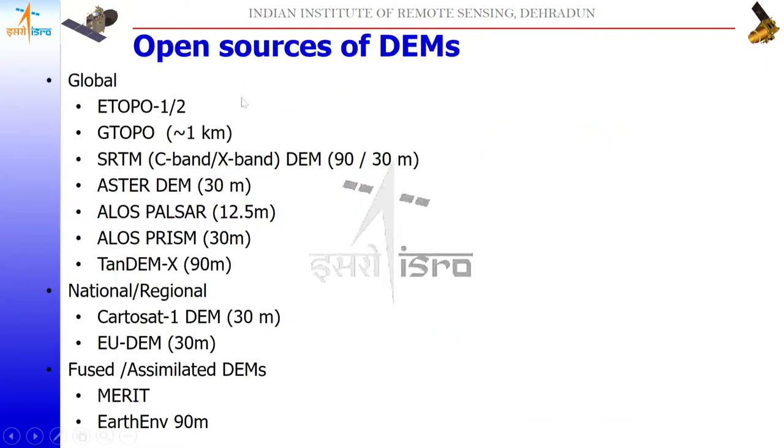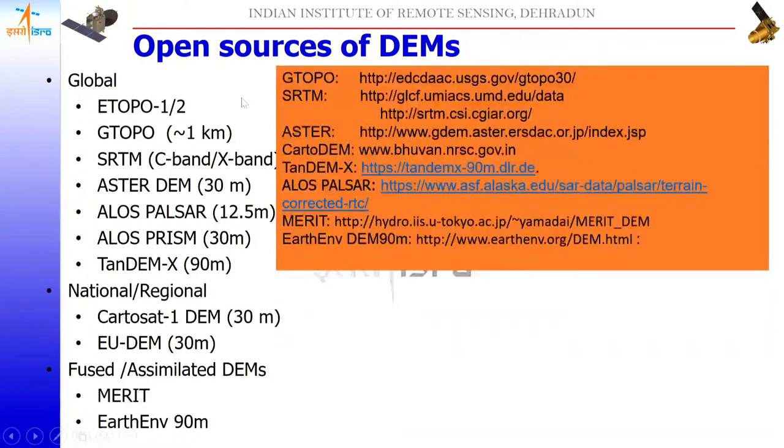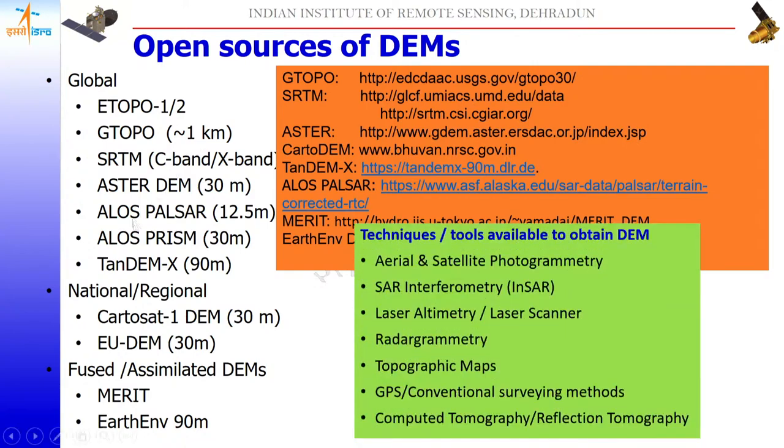Then these are DEMs which you can download, and these are open source DEMs. There is ALOS PALSAR, then ALOS PRISM, then TanDEM-X 90 meter.